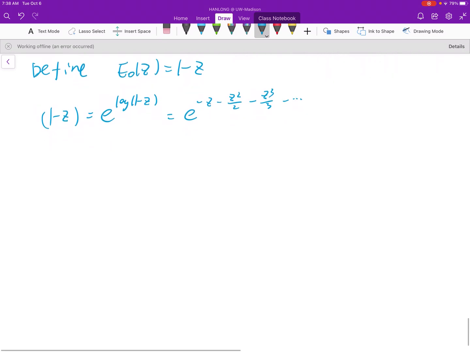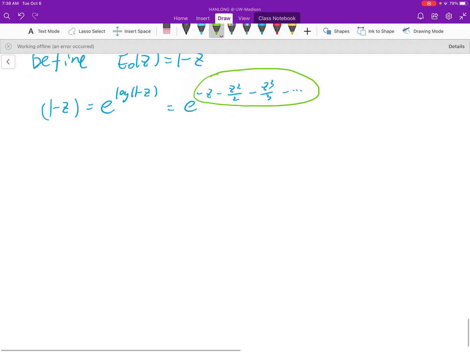Okay, and so if you want to make this term small, then note that if we can cancel out the first few terms, then this will be small. Okay, so we make the following lemma.